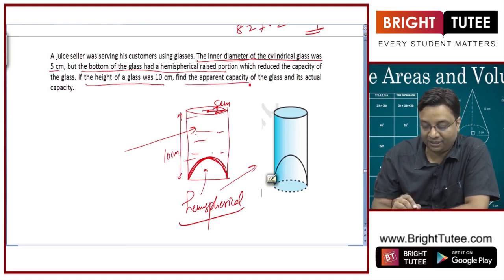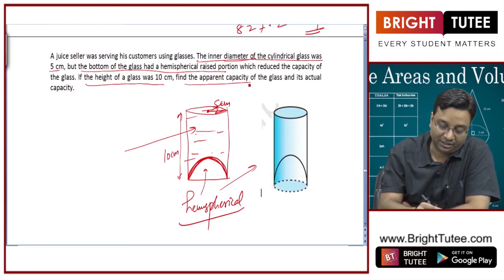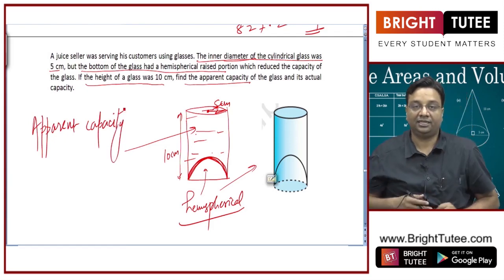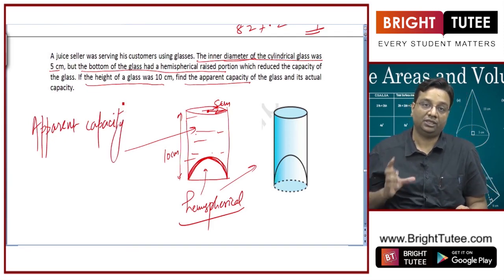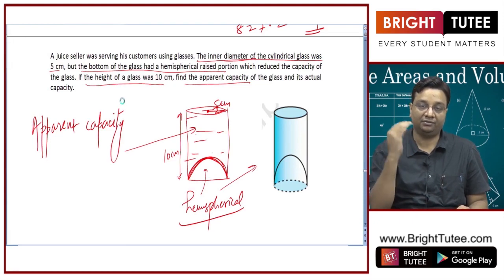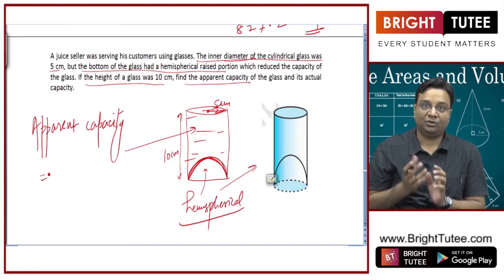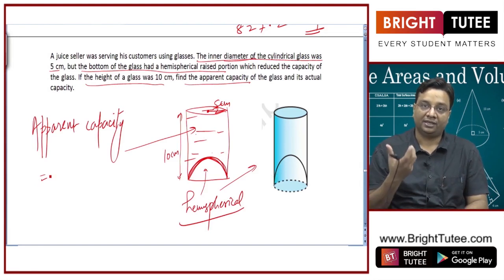The apparent capacity of the glass and its actual capacity. Apparent capacity is what looks from the outside, right? A customer will think that he is getting juice, volume of juice equal to the volume of glass, which looks from outside. So apparent capacity is the capacity of the cylindrical container without the hemispherical bottom, okay.